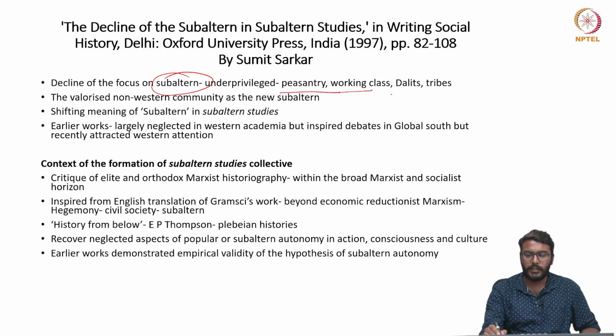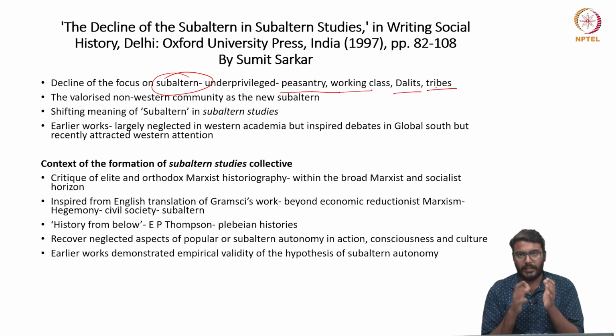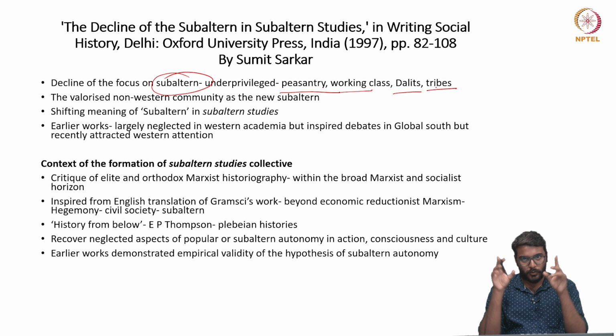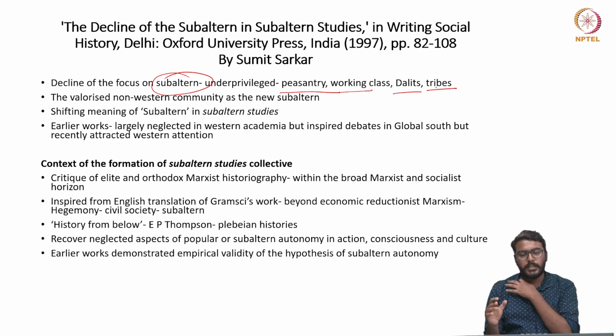The idea of the working class, Dalits and tribes has declined, and the focus has been more on the idea of community as a valorized category, right? Community is an ambiguous, very heterogeneous category, which has replaced the focus on the actual subalterns who are underprivileged, such as the peasantry, working class, Dalits and tribes. This is what he calls the decline of the subaltern in subaltern studies.